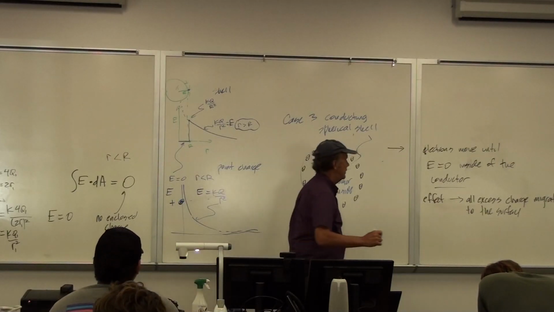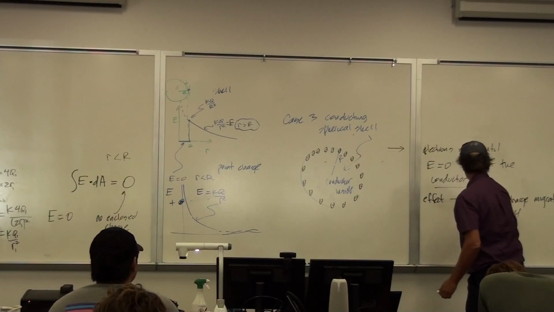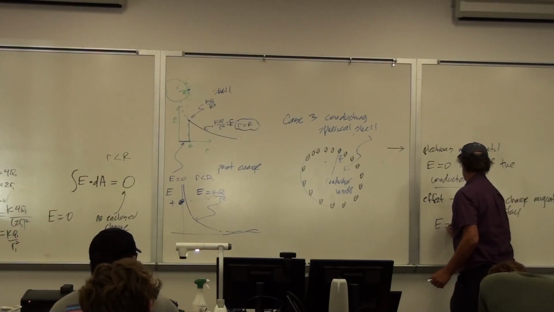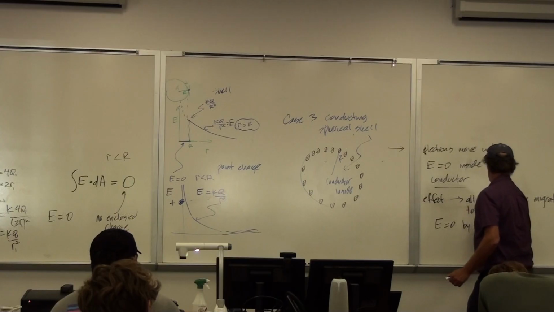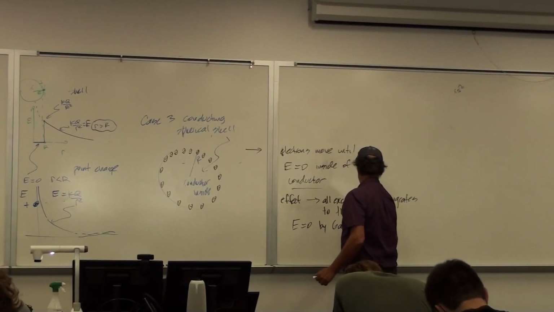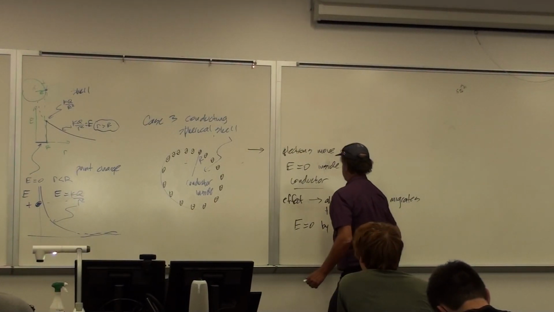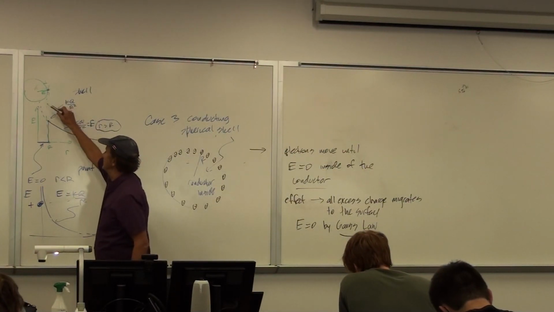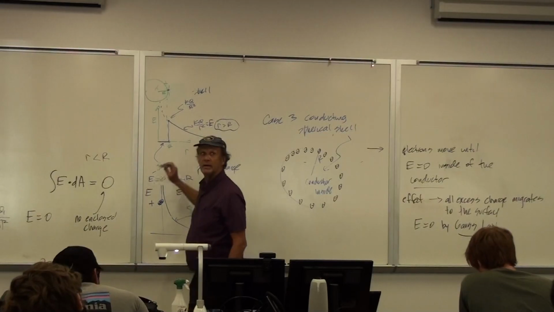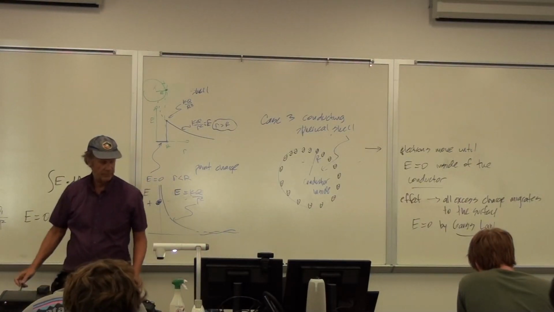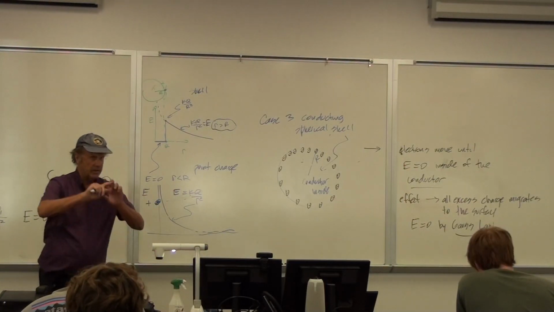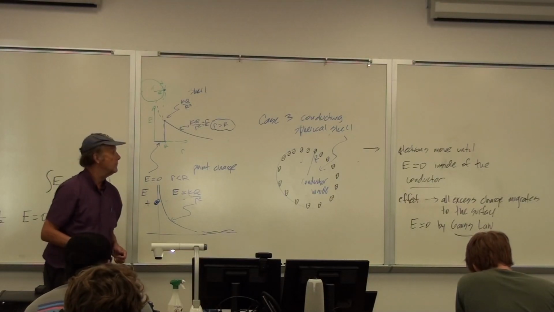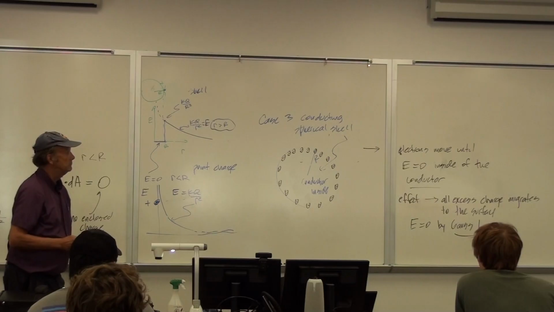And therefore, the electric field must be zero inside of the conductor. Understanding this is contingent on understanding all of those arguments we made for why the electric field is zero for a uniform sphere of charge.